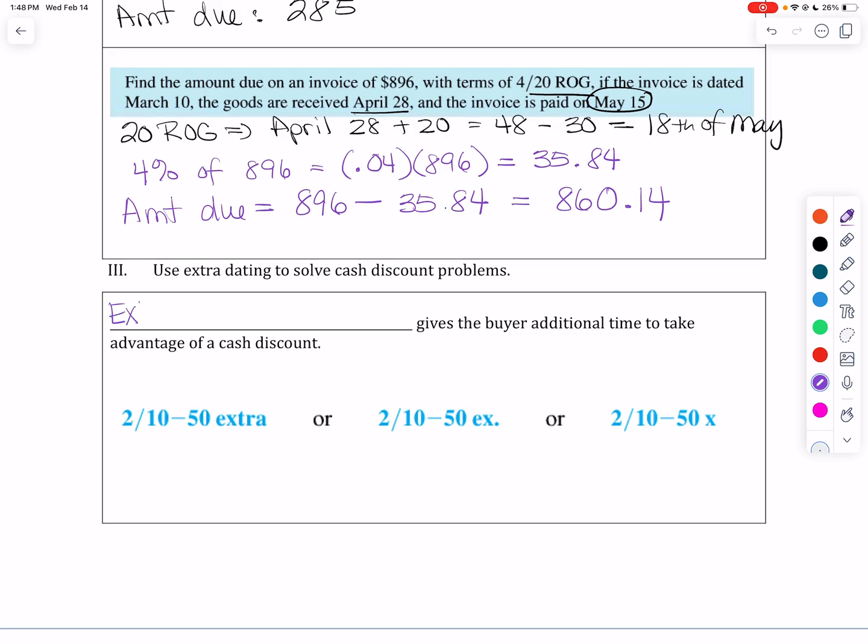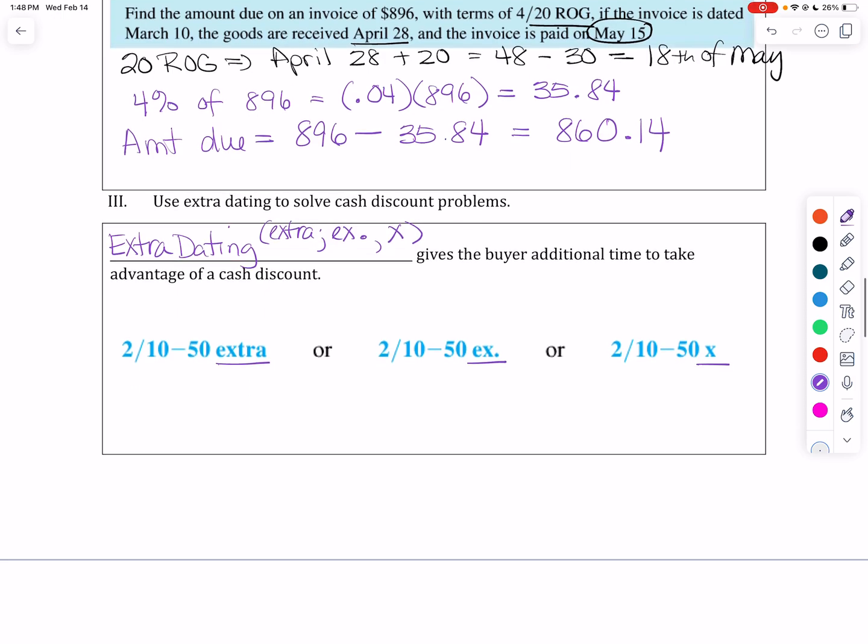This is called extra dating, and the symbols are as follows. You can have the word extra, you could have EX period, or you could just have X. Okay, so you see this, or this, or this, and that means that you'll have additional time.